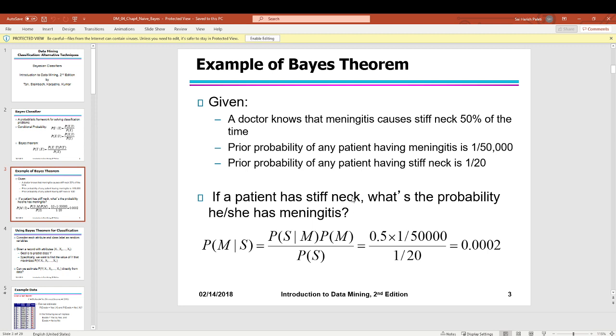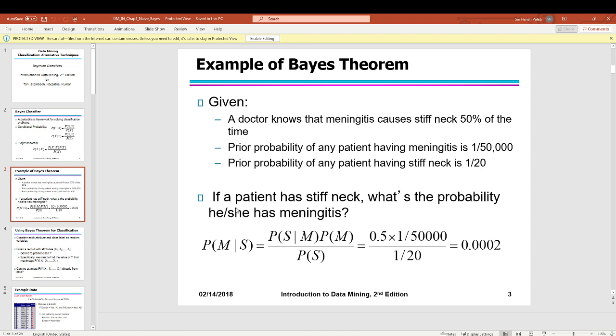Let us consider an example. A doctor knows that meningitis causes a stiff neck 50% of the time, and the prior probability of any patient having this disease is 1 by 50,000, and the prior probability of any patient having a stiff neck is 1 by 20.